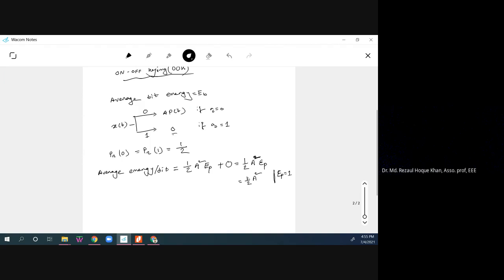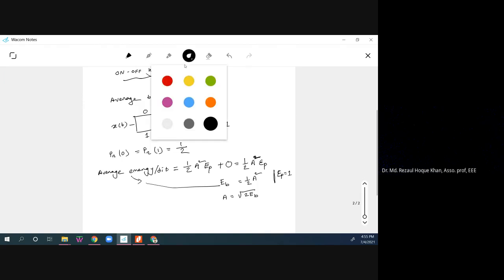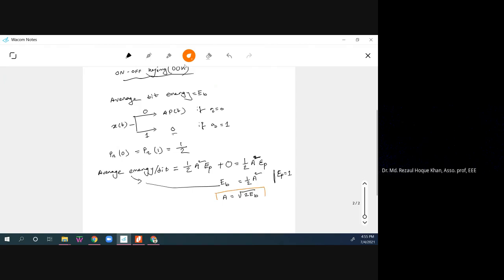Now our average energy per bit actually is EB. So EB equal to half a square. So what is A? A equal to square root of twice EB. We also derived this equation for BPSK, the same equation, only there A equal to, probably it was square root of EB, right? Okay.